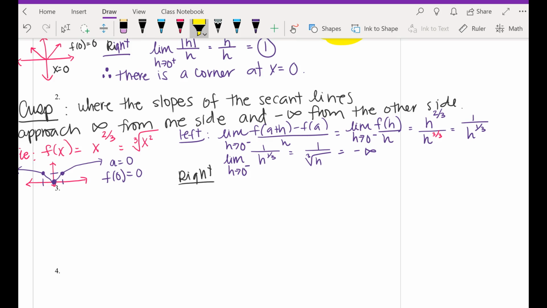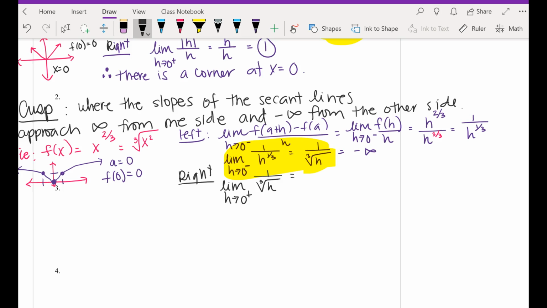I'm going to skip all the way to here. Yes or no? Yeah. So straight up, it's going to say limit as h approaches 0 from the right, and then it's 1 over third root of h. What happens when you pick a positive 0.000000 and then take the third root of that? Small too. 1 divided by a small number. It is infinity.